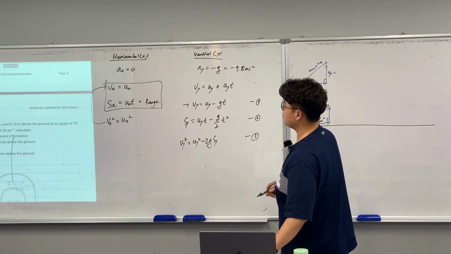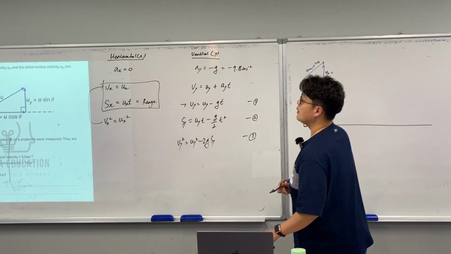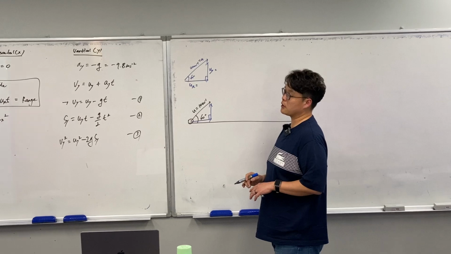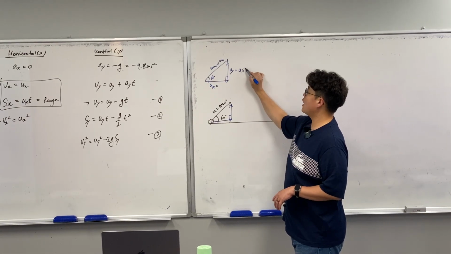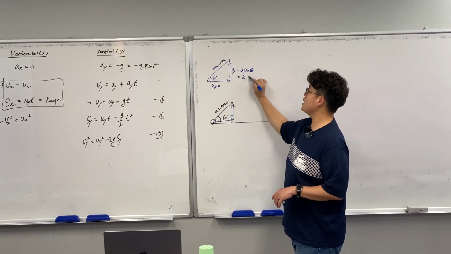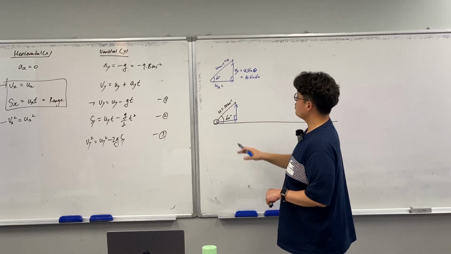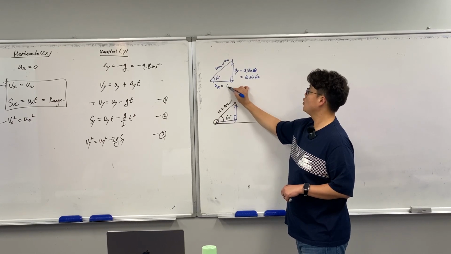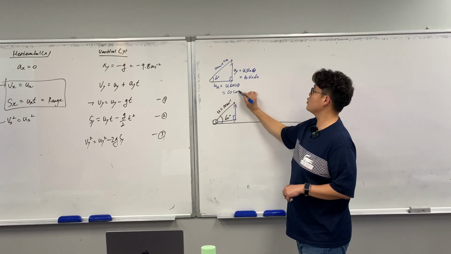Sorry about going up and down, but I'm just talking about what we have on page 8. Using the trigonometry of right angle triangles, uy is the same as u sine theta, so that would be 10 sine 60. And ux, that's a cosine, would be u cos theta, the same as 10 cos 60.